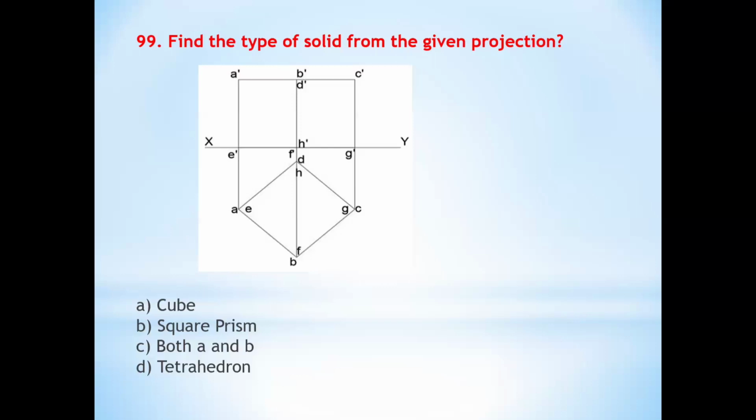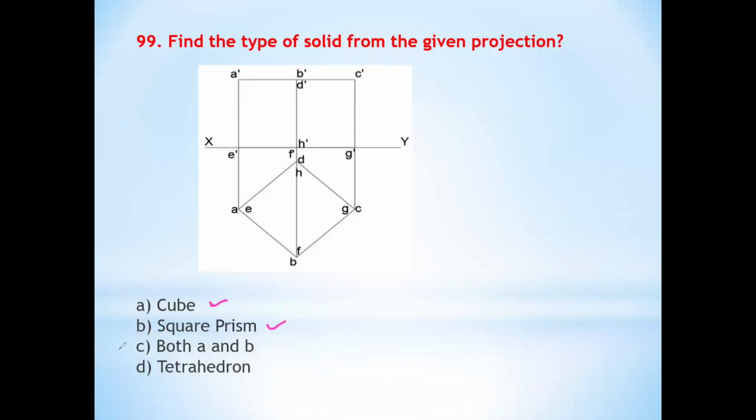So it is also possible, meaning the front view and the top view of the cube can be what we have shown in this sketch. Then square prism. In case of the square prism also it's possible that its top view can be a square and the front view a rectangle. Cube is possible, square prism is also possible.